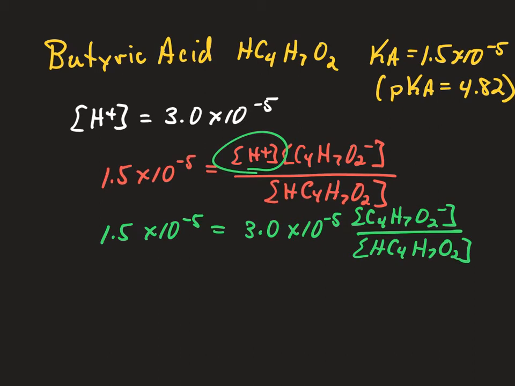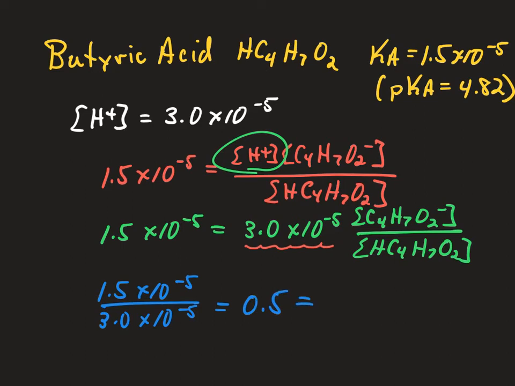And if we divide both sides by this 3.0 times 10 to the minus 5, then we're going to end up with 1.5 times 10 to the minus 5 divided by 3.0 times 10 to the minus 5 equals 0.5, which is going to be equal to our concentration of butyrate ion divided by the concentration of our butyric acid.